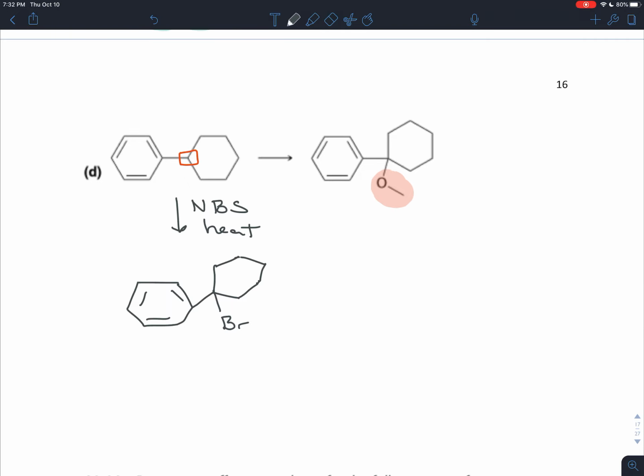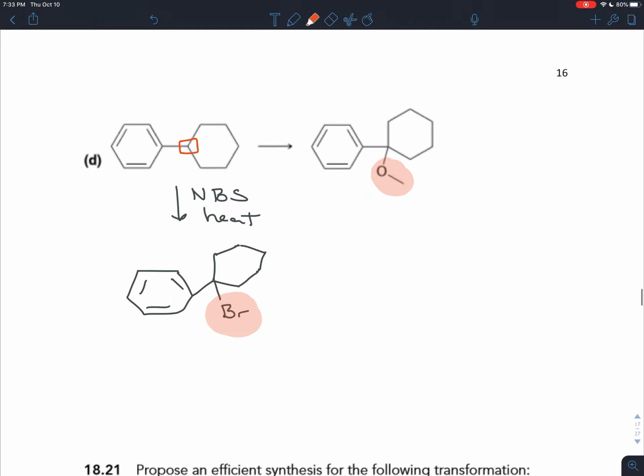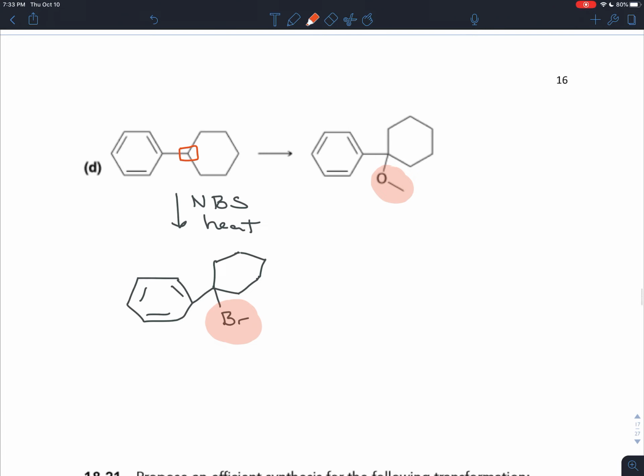Well, the satisfaction wears off because that, unfortunately, is not really that close to our product. Although, wait a second, we have a bromine, but I really want a methoxy group. If only there was a way I could substitute the methoxy for the bromine. Wait a second, substitute. It's a substitution reaction that we need to do here.